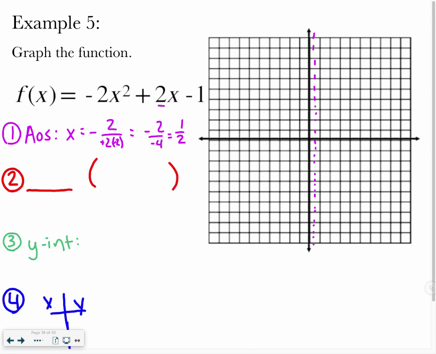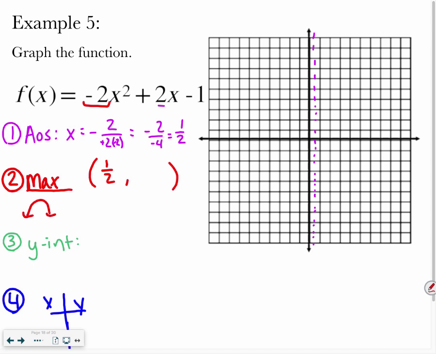Okay? Now, I want to know, is it a maximum or a minimum? I have a negative a value, so that means it's going to be a maximum. That means it's going to open downward. I know my x value is 1/2.